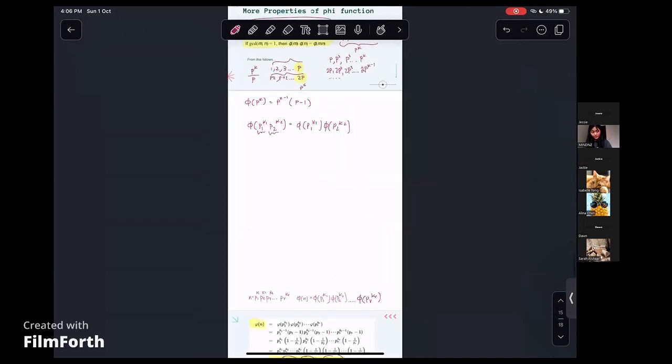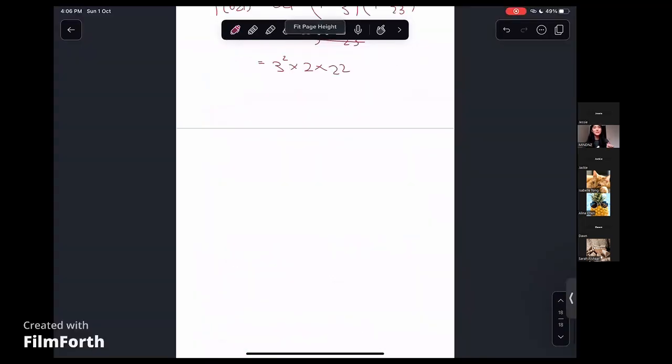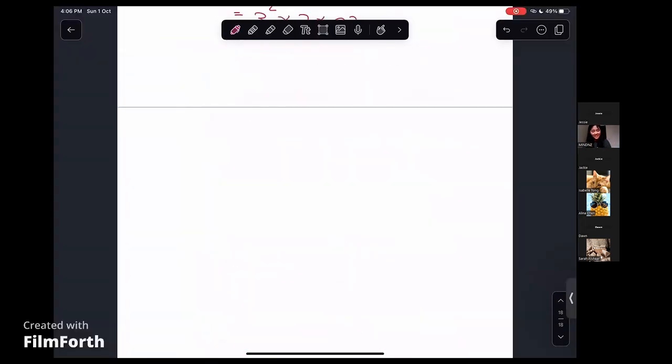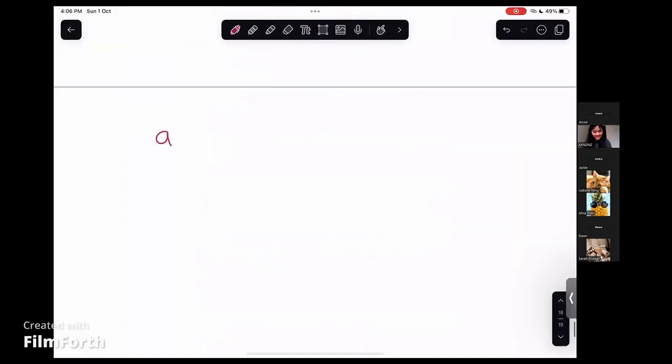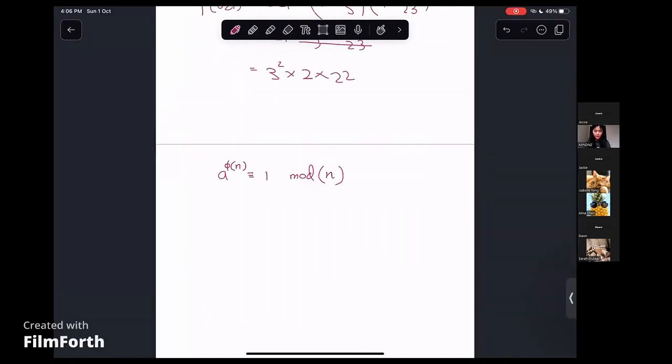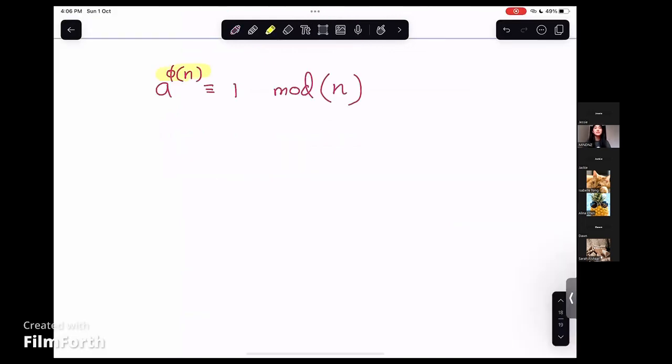Right, so I think I actually missed Euler's theorem. So Euler's theorem states this. Right. So yeah, it follows on directly from the phi function because we need to use it in the exponent.